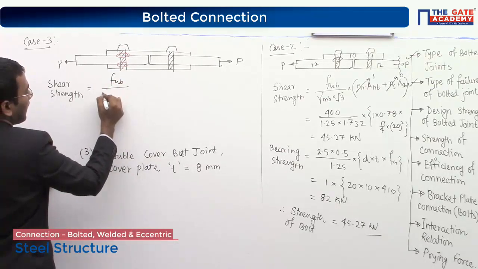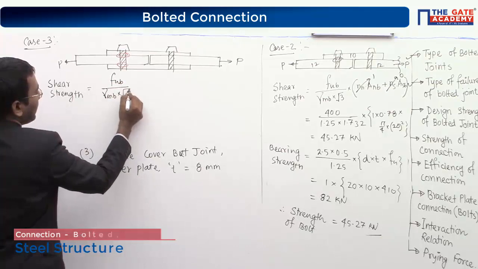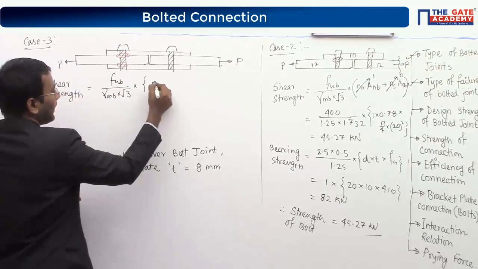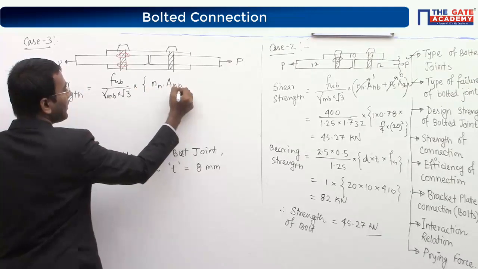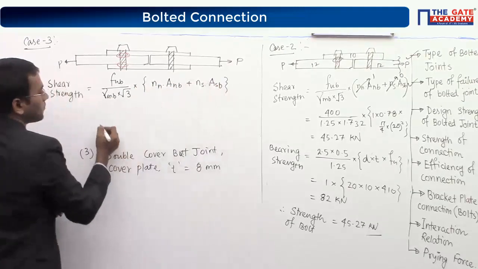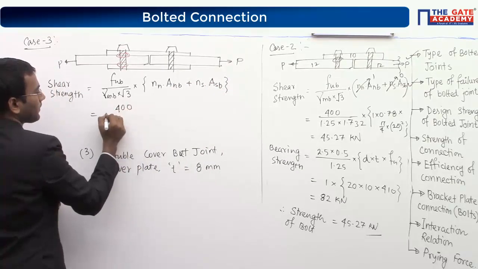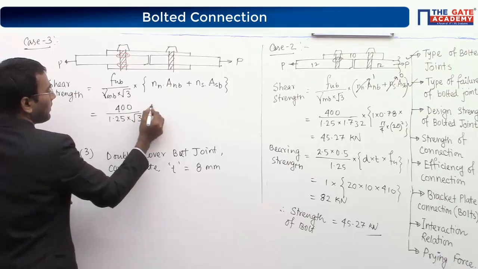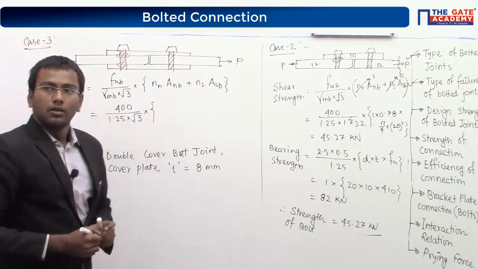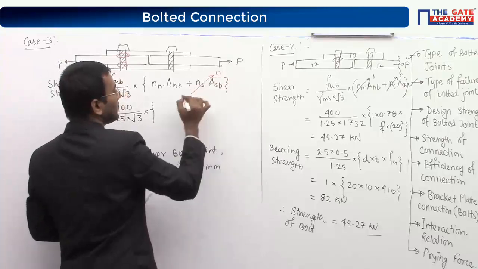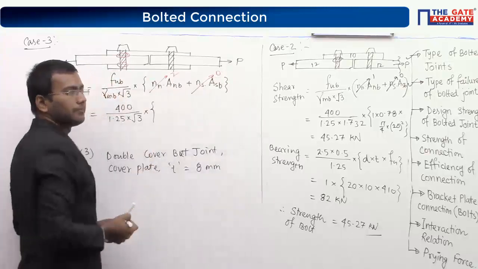f_ub divided by gamma_mb multiplied by root 3 multiplied by (n_n A_nb + n_s A_sb). So f_ub 400 divided by 1.25 into root 3 multiplied by, see, n_n there is no shear plane, 0; at the thread it will be 2.